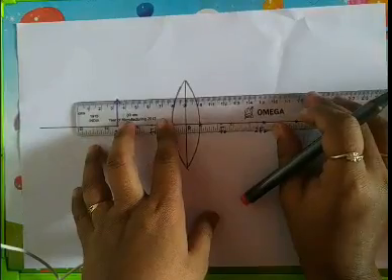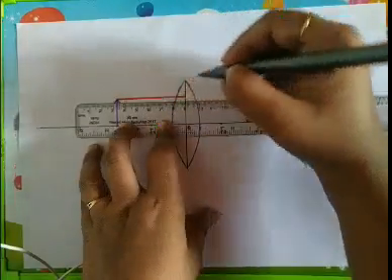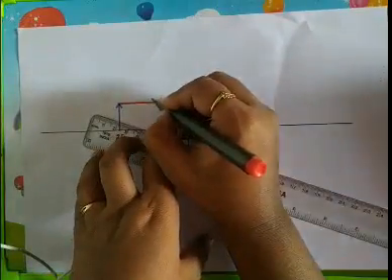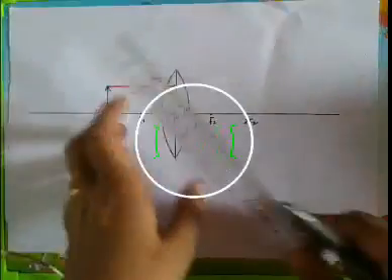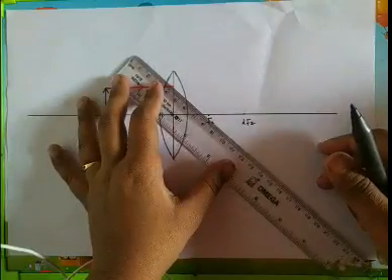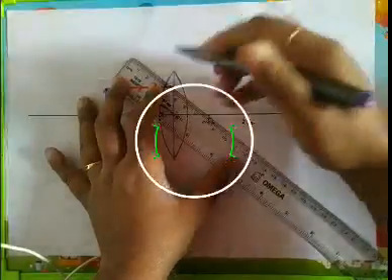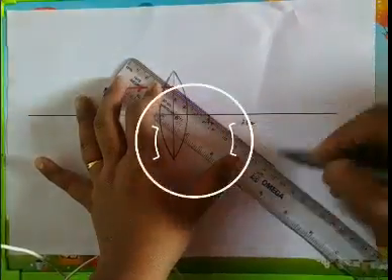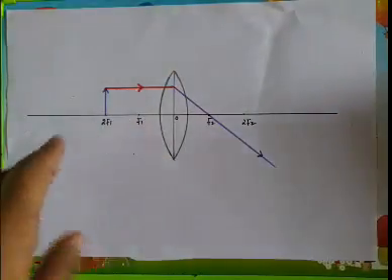If an incident ray is parallel to the principal axis, then the refracted ray will pass through focus. So here is the focus. So refracted ray will pass through the focus. This is the first rule I applied.